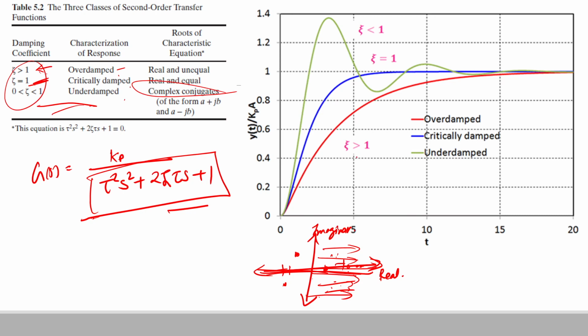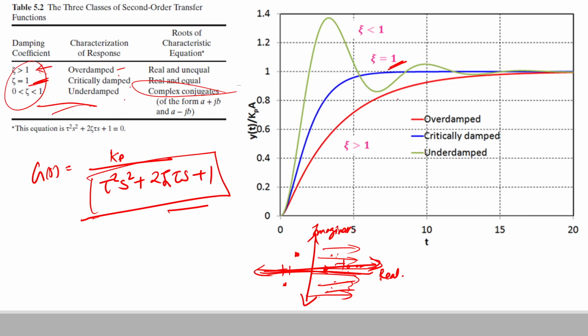So if we see the response plot corresponding to the step input of a second order system, then corresponding to zeta equal to 1, that is a critically damped system, we will see the response given by the blue line, that is, the response will be the fastest for the critically damped system.